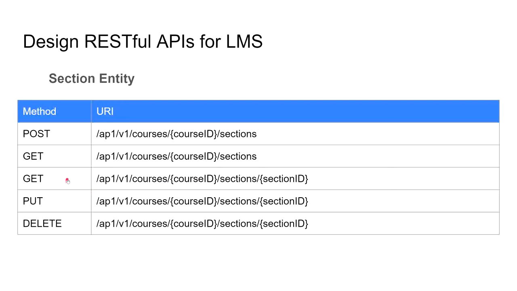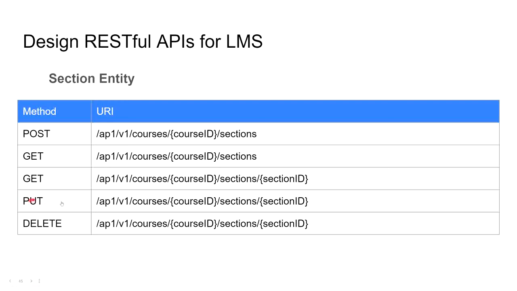So you can see that you are basically forming some sort of hierarchy, and then you are reaching that resource. Firstly, courses means all the courses, then you reach a single course, then you reach all the sections inside the course, then you reach a single section. So that's a get API to get a single section ID.